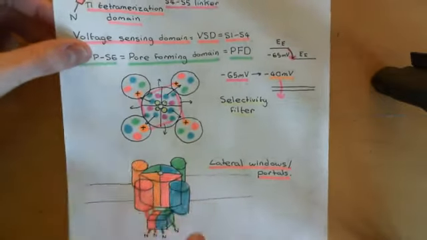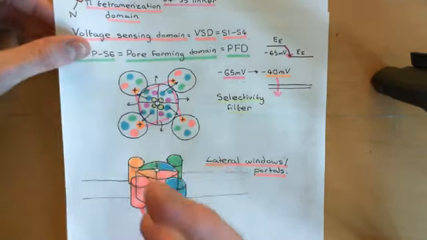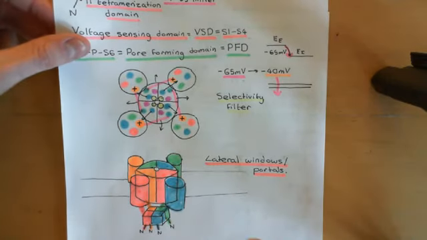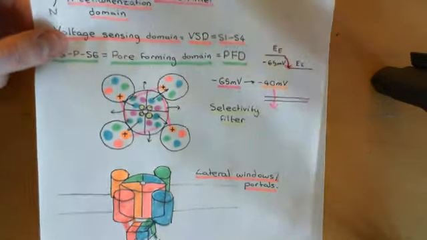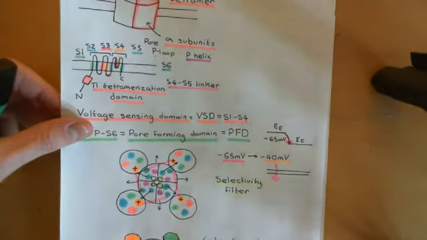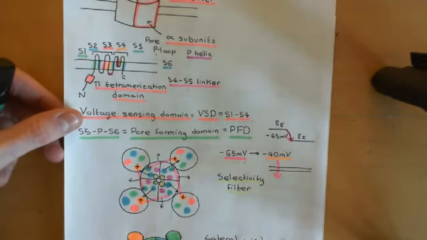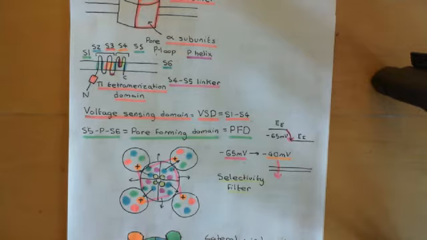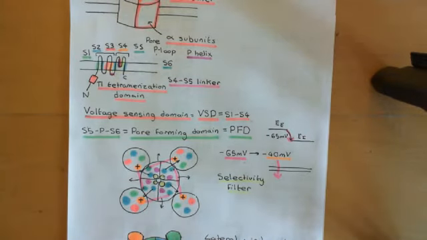They have these voltage sensing domains connected to the pore forming domains by S4, S5 linkers. And you might think, well, maybe there's a really simple explanation for this. For instance, a really simple explanation that you could dream up for why the SK and the IK channels are not voltage gated is maybe quite simply the S4 helices do not have those positively charged residues in.